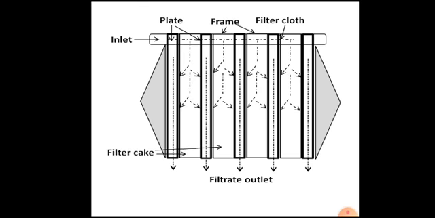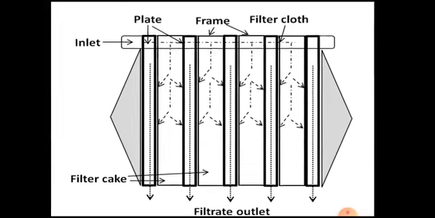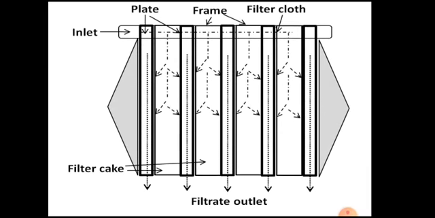Now this is a more sophisticated diagram that you can see here, and in an examination you can draw this diagram as well. You can see there are plates and frames, and plates are covered with filter cloth. The fermentation broth or slurry enters inside the frame, and it is allowed to pass through the filter cloth, and the filtrate will enter into the plate, and the filter cake will gather inside the frame.